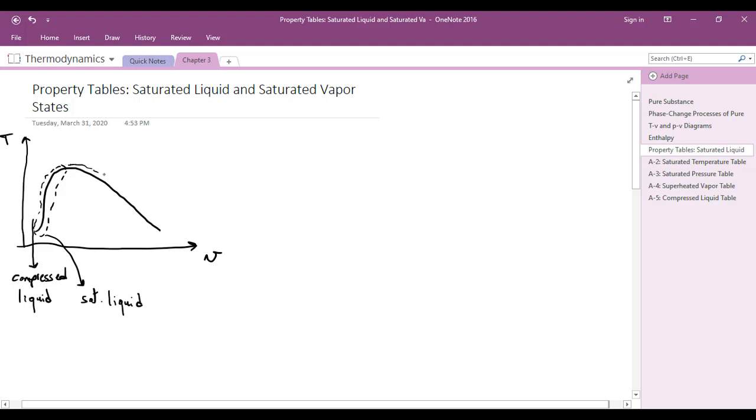This line here to the right is called the saturated vapor line, as we said before. Saturated vapor line. And below the dome, this is a mixture, liquid vapor region.